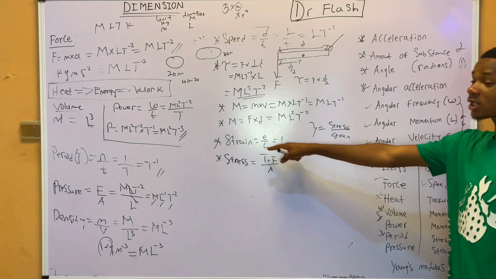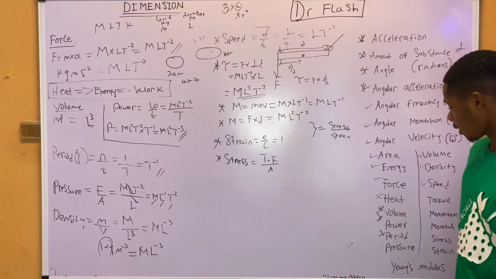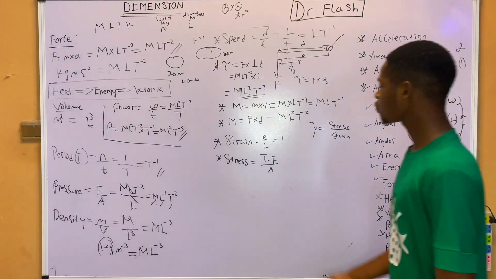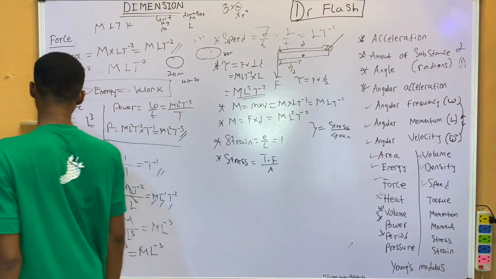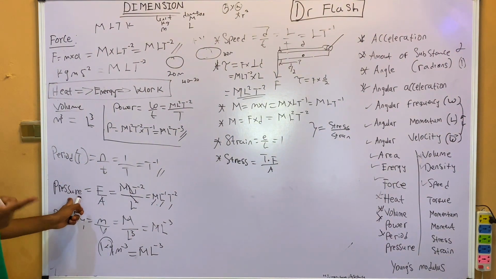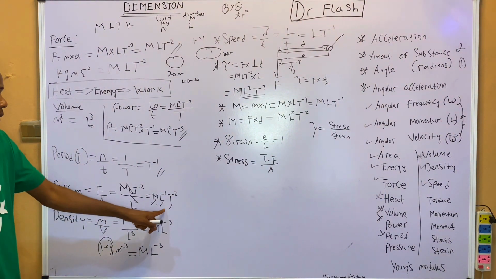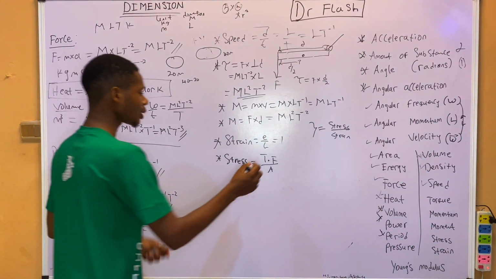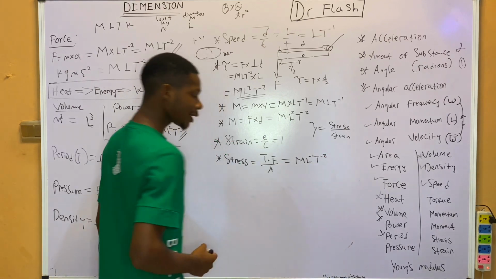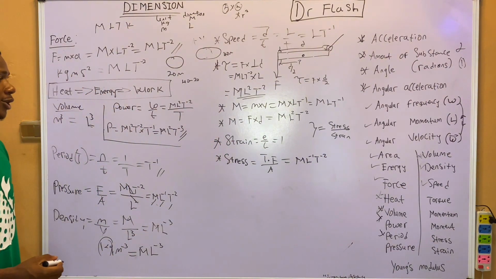Ignoring the tangential in this case, it has force over area, and I think that is pressure. If pressure has force over area, stress has force over area, it simply means they're both going to have the same dimension. In this case, pressure gives us ML^-1 T^-2.